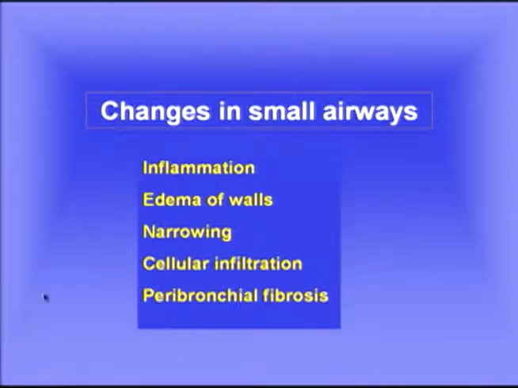And histological pictures show that in the small airways of people with chronic bronchitis, you've got inflammation of the airways, edema of their walls, that's part of the inflammation, narrowing of the airways, you've got cellular infiltration, and you can also get some peribronchial fibrosis. So the changes in the small airways are critically important, and we'll say a little bit more about those later on.